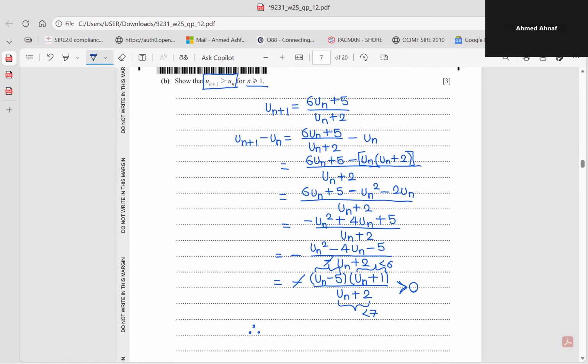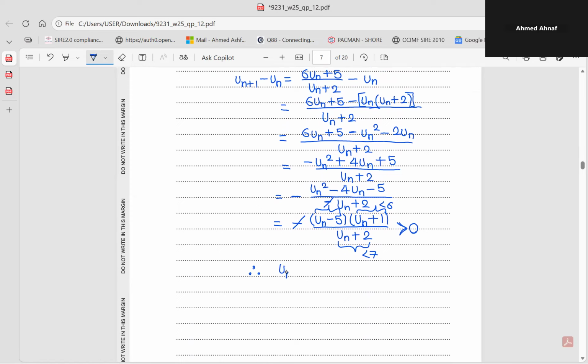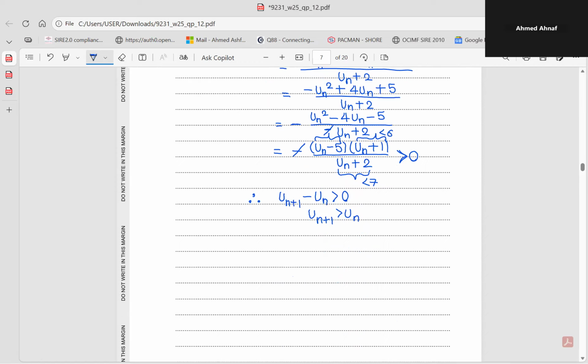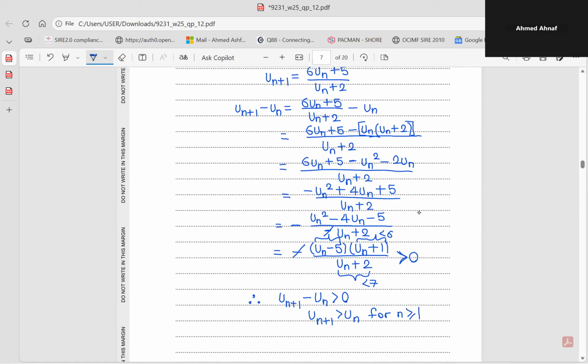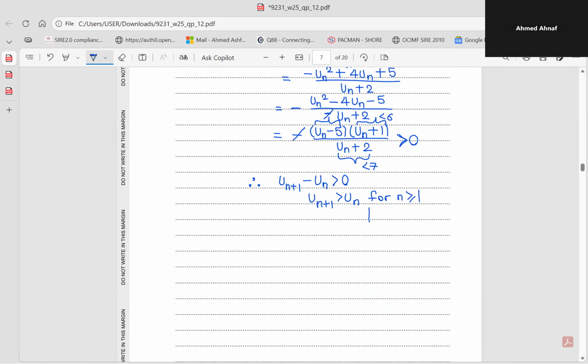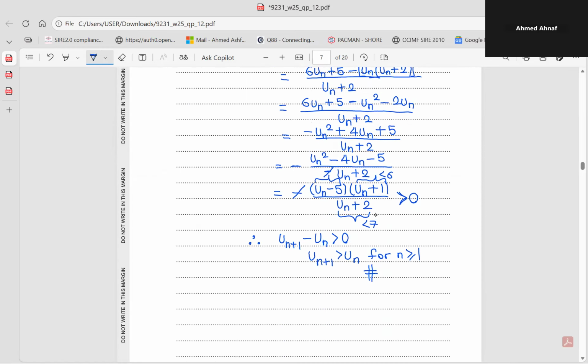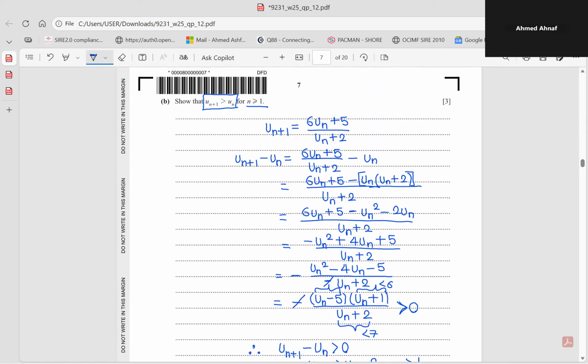Therefore we can say that u subscript n+1 minus u subscript n is more than 0, and u subscript n+1 is more than u subscript n, which is the result for n more than or equal to 1. So this would be the final answer for this second part.